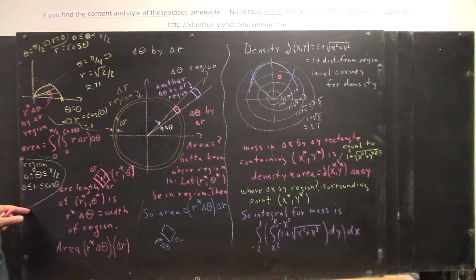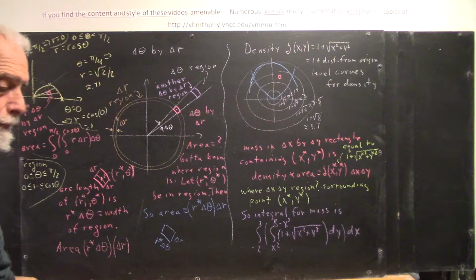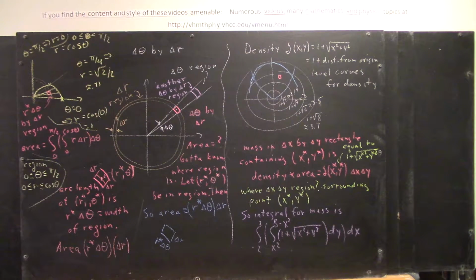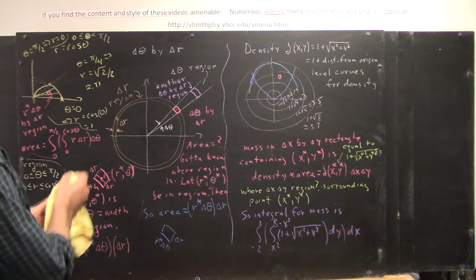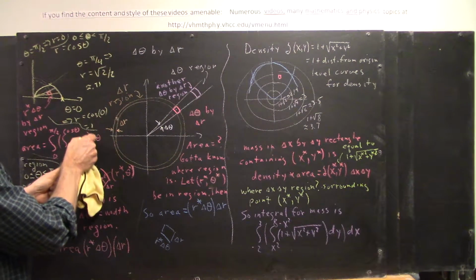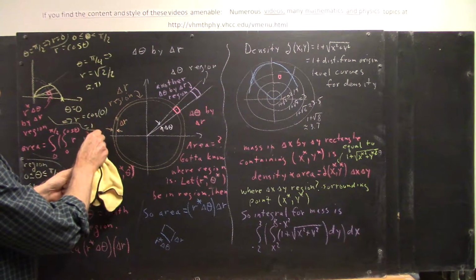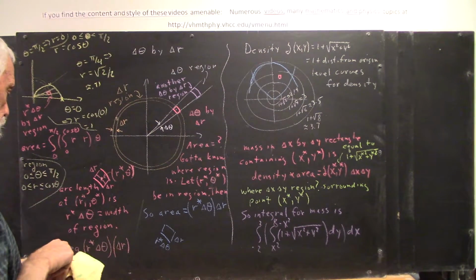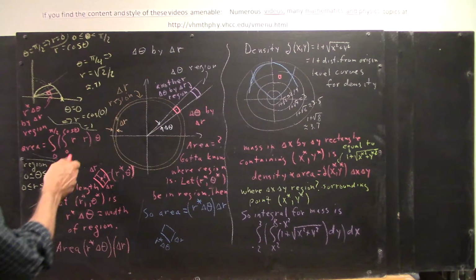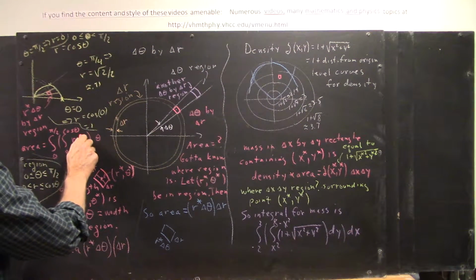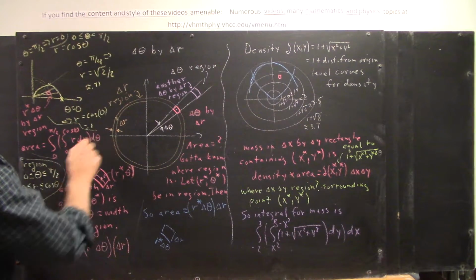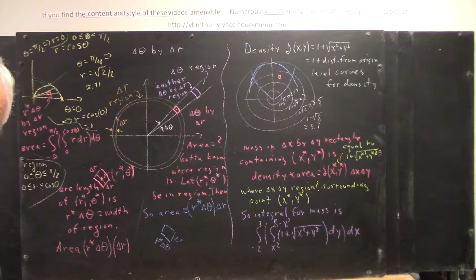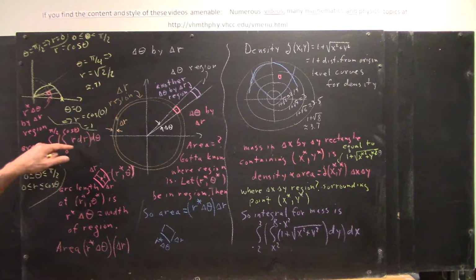That's our description of the region. So our integral, and I've written deltas where I should have written d's. Okay, this area expression comes from this, but we're going to the integral, taking the limit as delta r and delta theta approach 0. So we get a dr and a d theta.